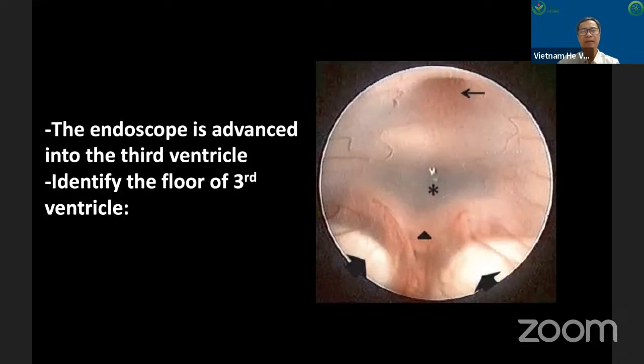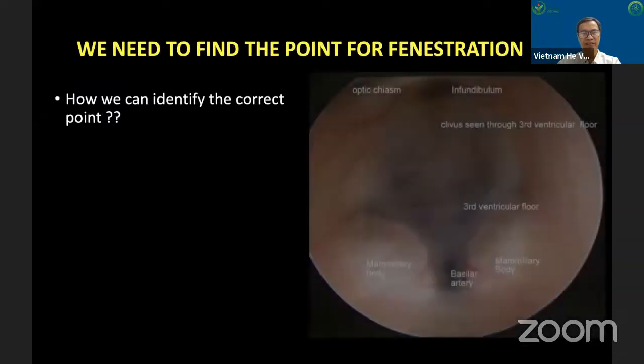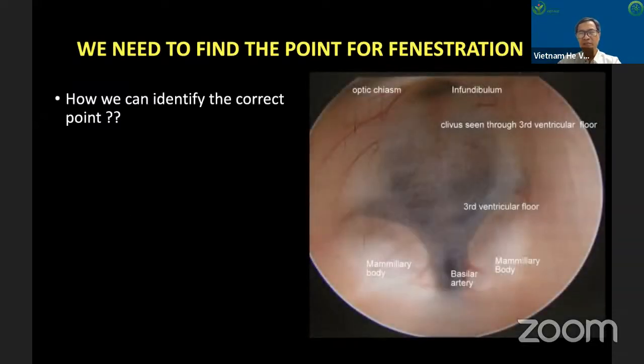And this is some anatomy. You can recognize everything in the third ventricle, like the mammillary bodies on the left side and right side. We can see the infundibular recess. We can see the optic chiasm. We can see the clivus sometimes.